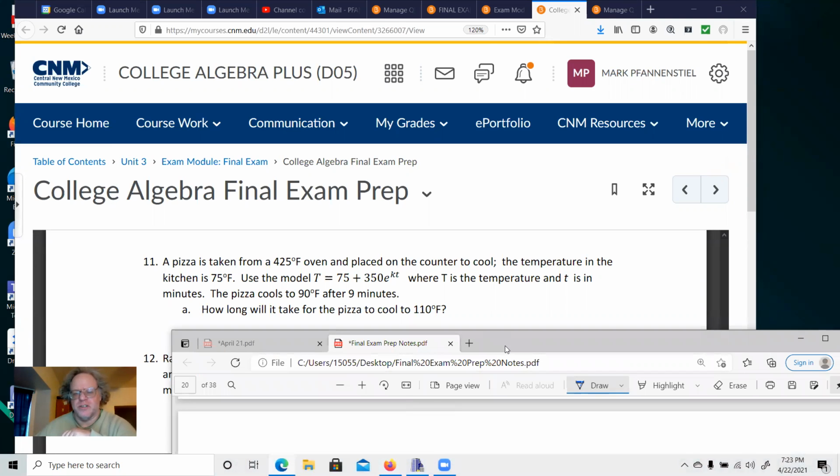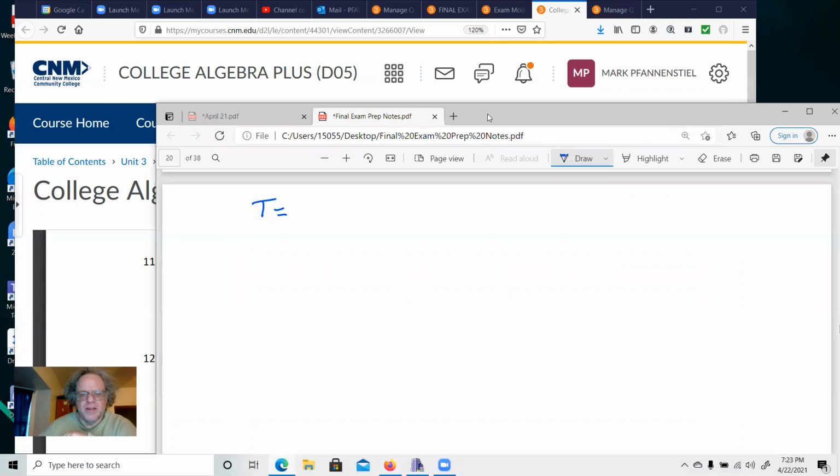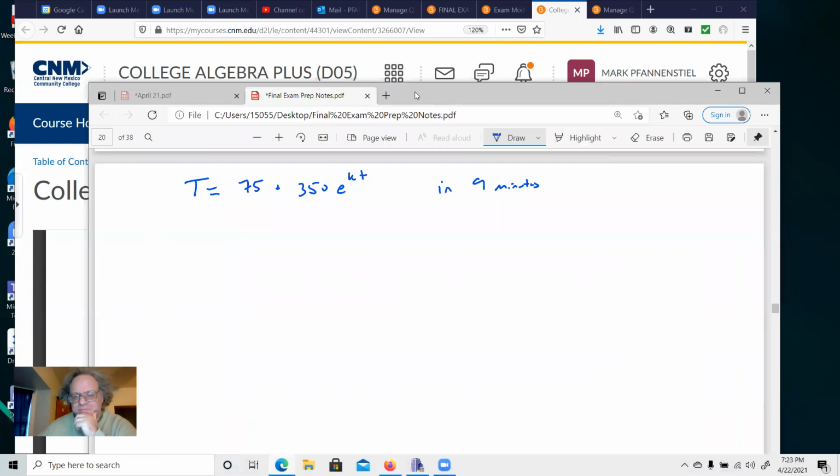There are other questions we could ask, but here we go. We are given that T is equal to 75 plus 350 e to the kt. We know that in 9 minutes, a similar pizza could cool to 90 degrees.